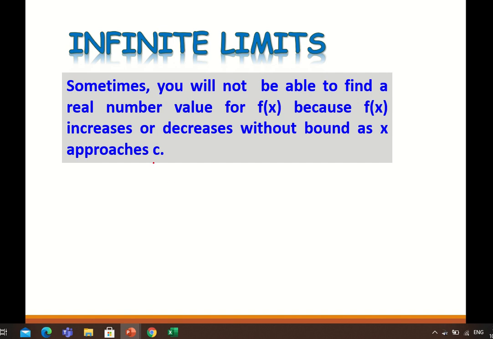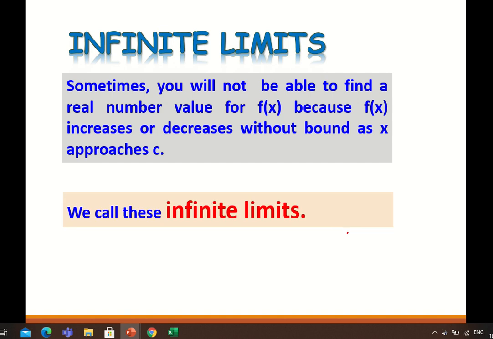It means that as x approaches c, the function becomes bigger and bigger, or smaller and smaller, without bound. There's no end. We call this limit infinite. We call these infinite limits.